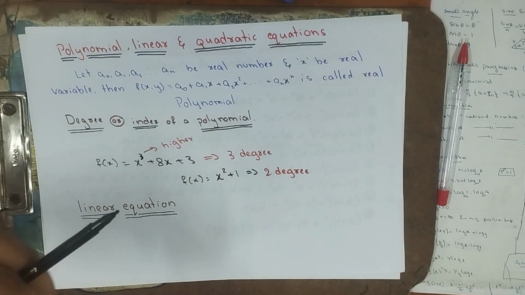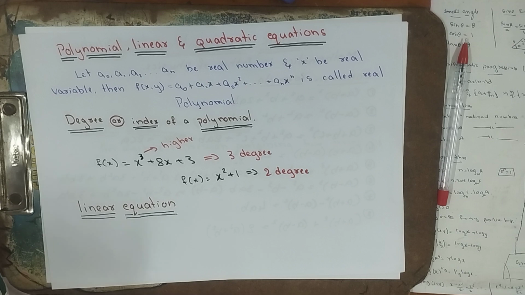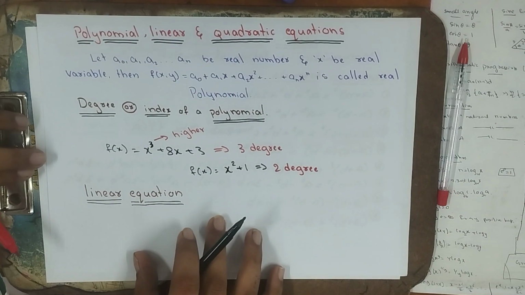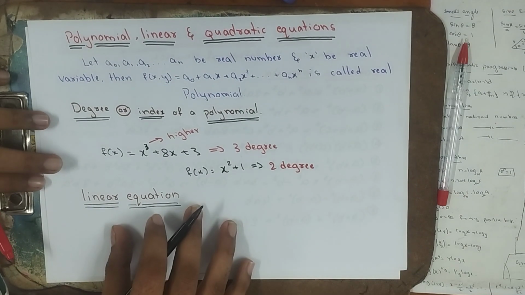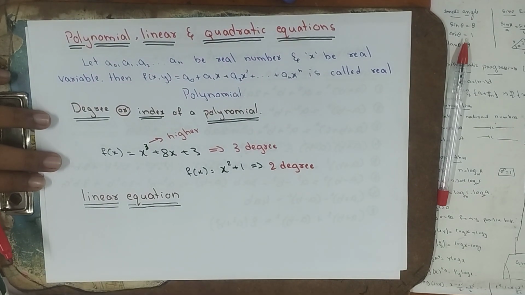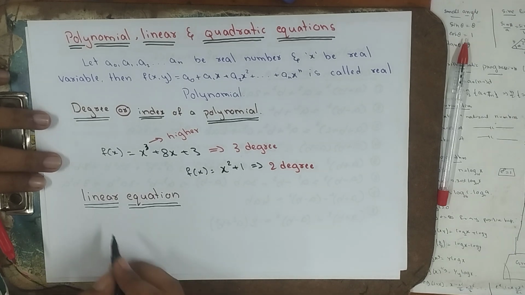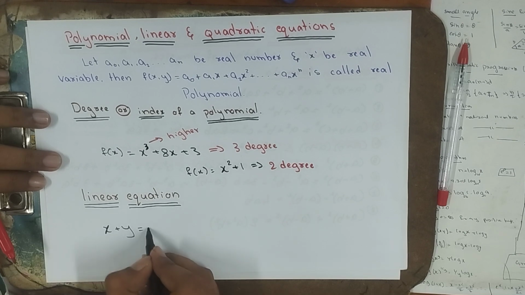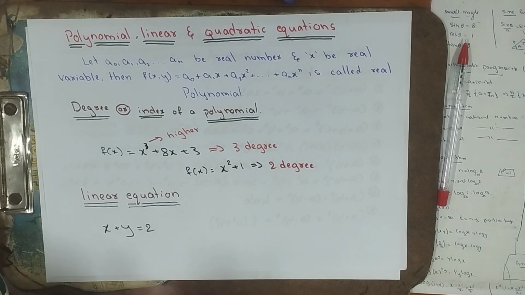Based on this degree we classify polynomials into types, linear and quadratic. Let us see what are those. First of all, linear polynomial is very simple. I won't go for the definition of everything, just listen and focus on this.